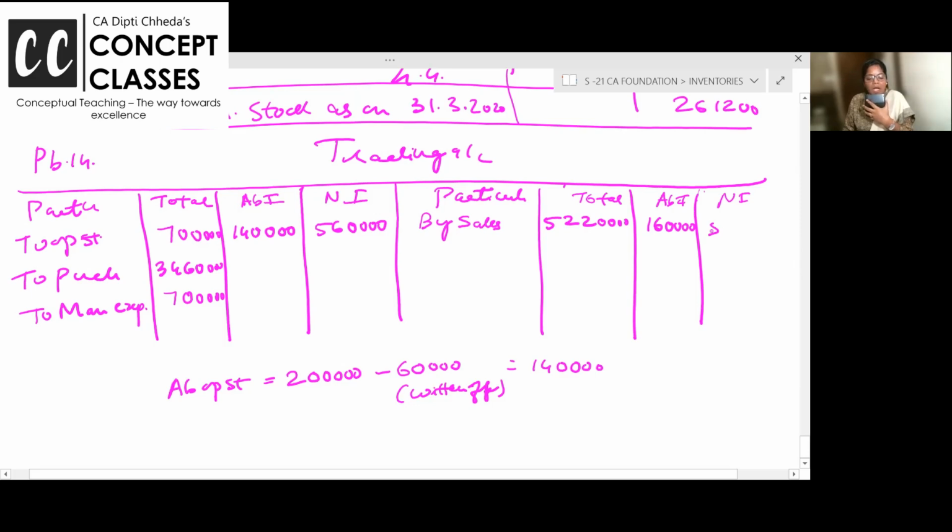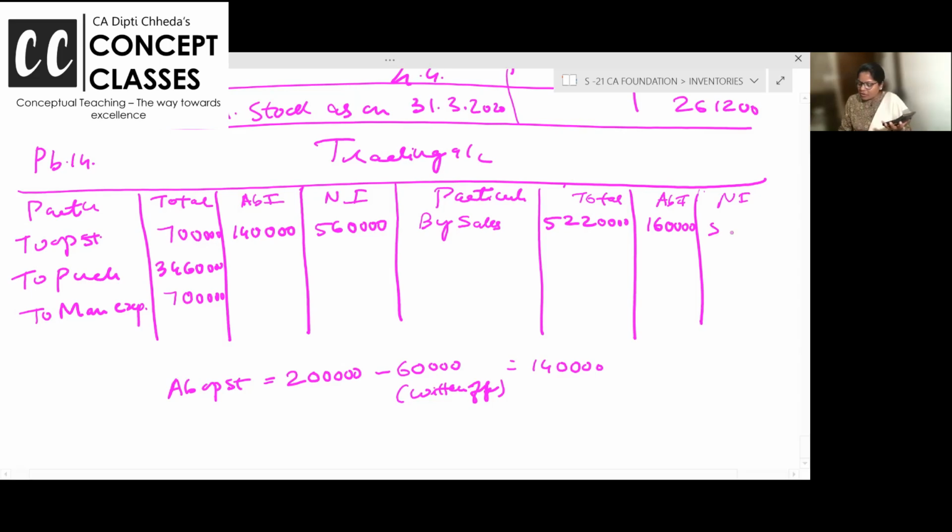There are so many ways of doing this, just saying. ठीक है. 52 लाख 20 में से 160 निकाल दो.